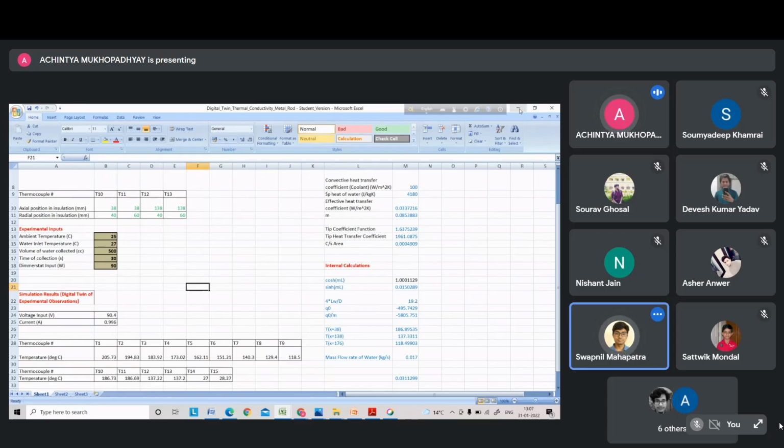From T10 to T11 there will be a decrease, and from T12 to T13 there will be a decrease. T10 is somewhere in the middle, much upstream of T9, so there is no direct connection between T9 and T10. In fact, T10 should be higher than T9.